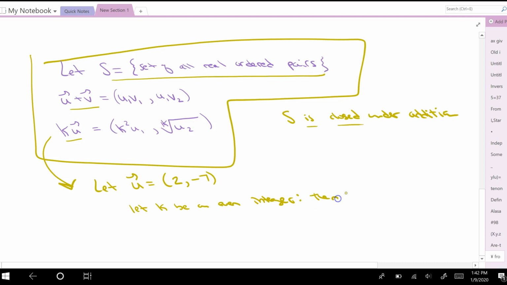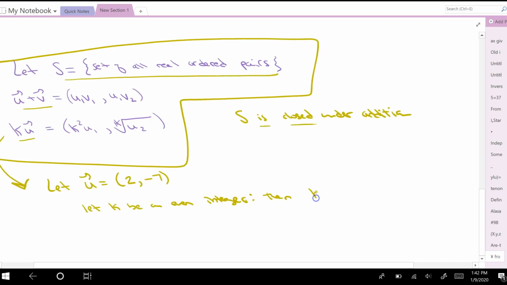Then it happens to be the following, that K times U will result in K squared times 2, comma, the kth root of -7. And you will notice that this entity right here is not a real number. So in this case, this set S is not closed under scalar multiplication. Okay? All right.